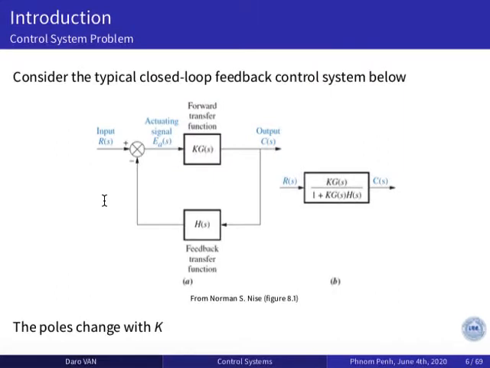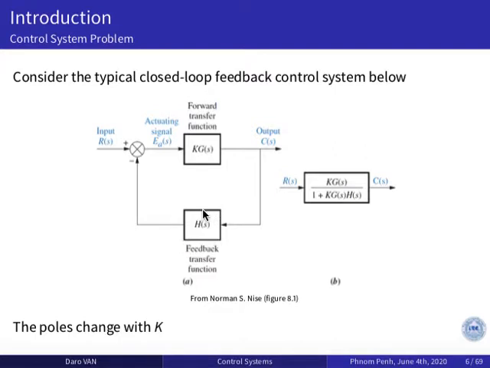Okay, so let's state the control system problem. For example, if we consider a typical closed loop feedback control system below, with an input R(s), the output C(s), and this is the forward transfer function K G(s).